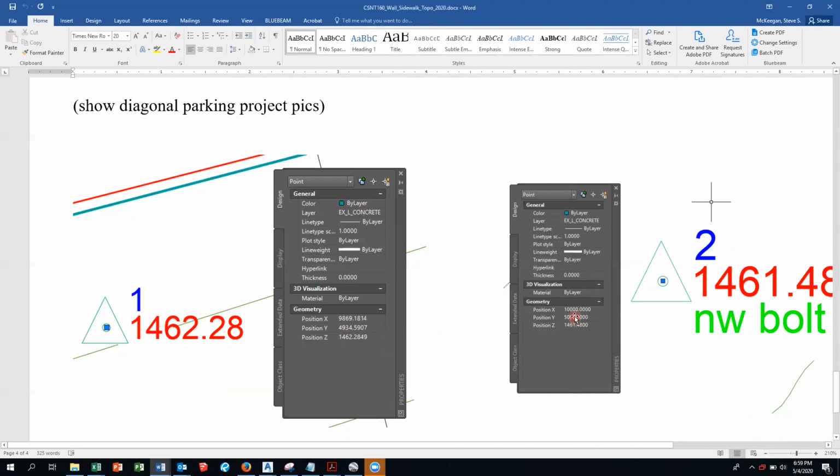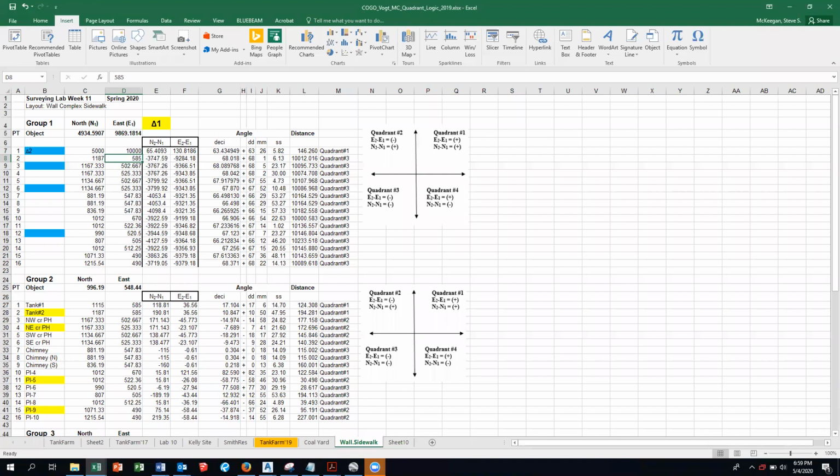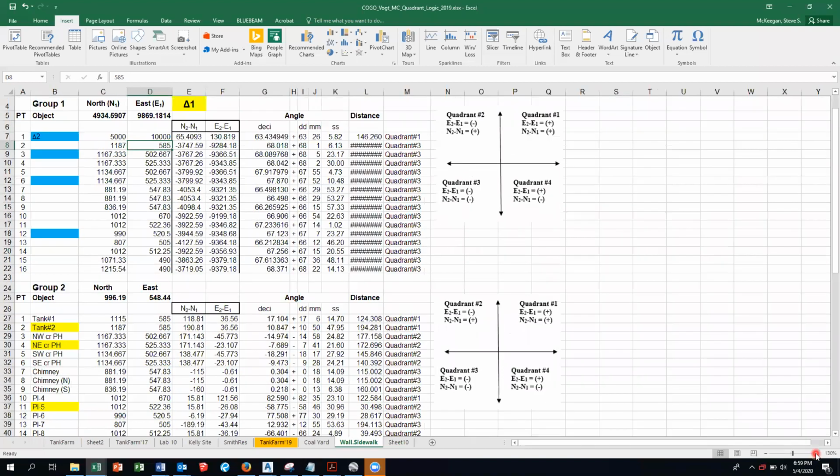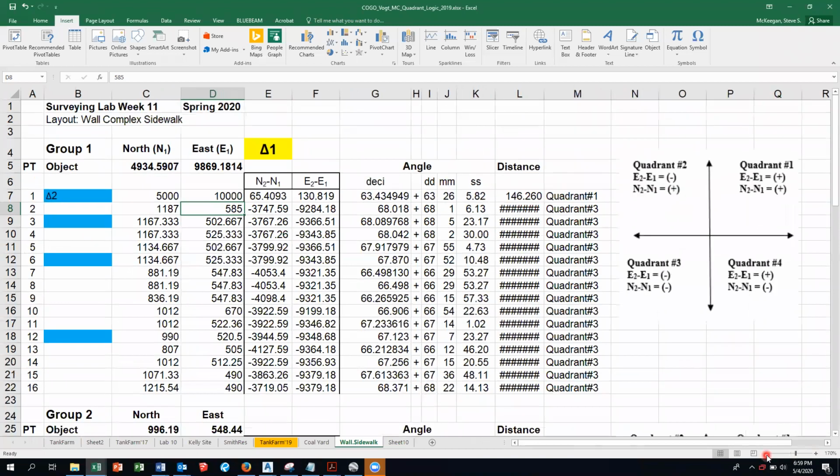And of course, North 5000, East 10,000 is the point that we want. So let's show this so it's right up there for you. So that's our N1, E1 at delta 1. Delta 2 is this.